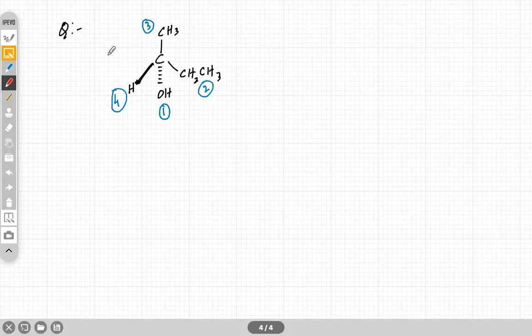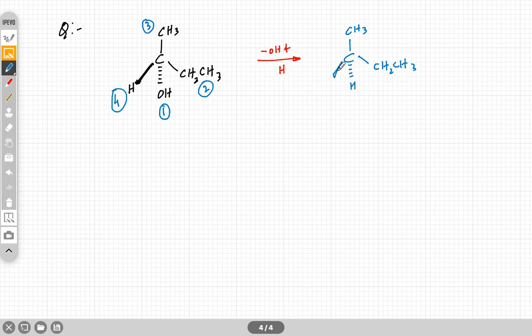Then what we have to do, we have the method. We'll exchange the position of the group which is present here with the group which has the least priority. It means we exchange OH and H. Then we have carbon, methyl, and ethyl as it is, and we get H here and OH here.